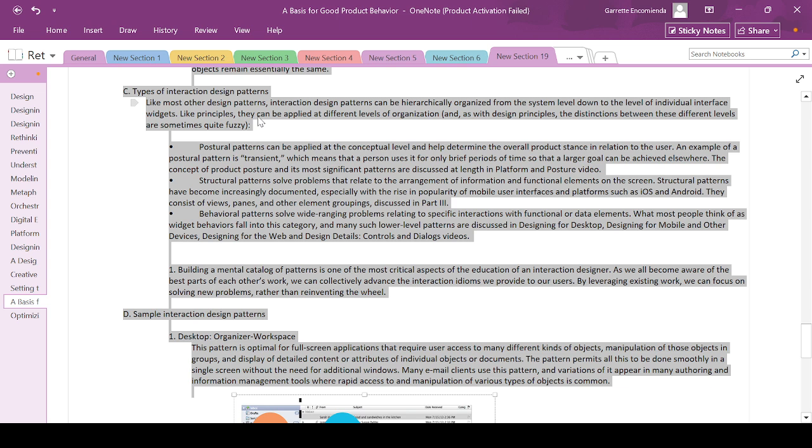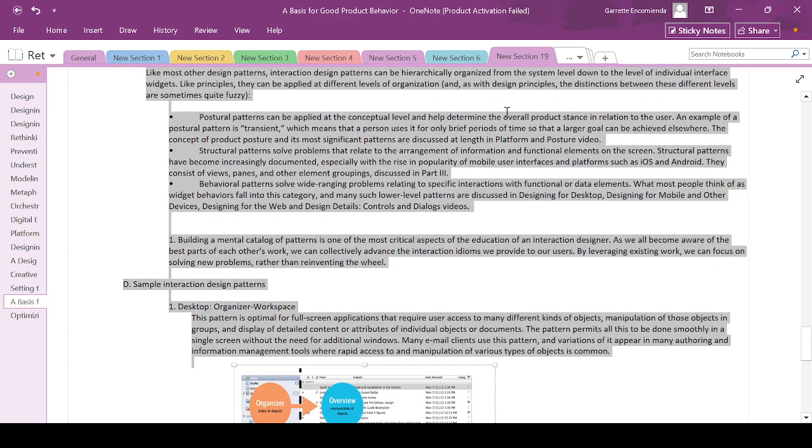Like principles, they can be applied at different levels of organization. And as with design principles, the distinctions between these different levels are sometimes quite fuzzy.